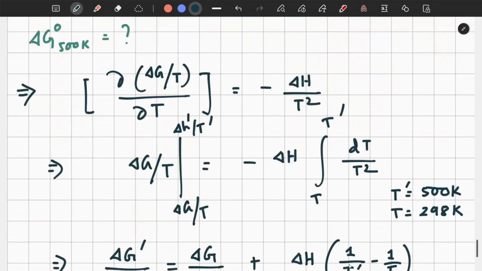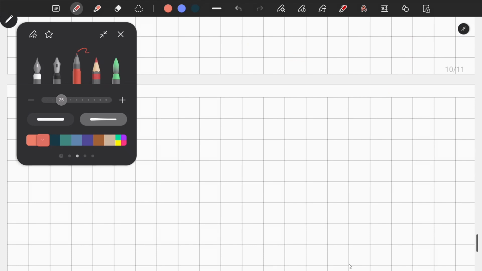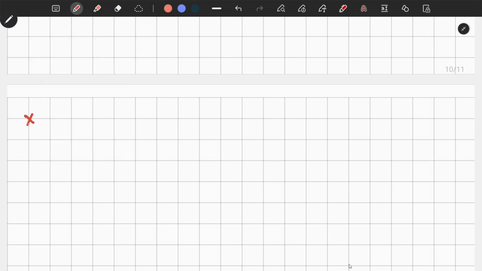Okay, so let us do another example. This example you should do and just tell me the correct answer. You have to try it. Same procedure, everything is the same.